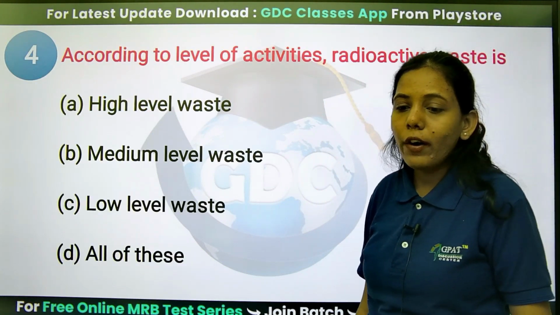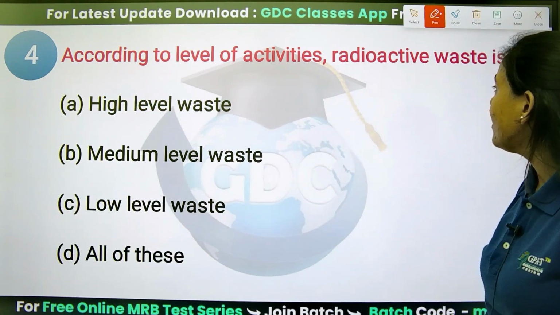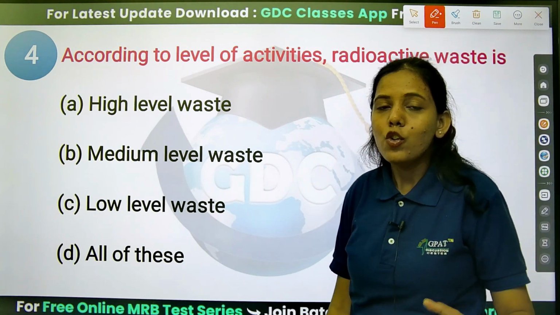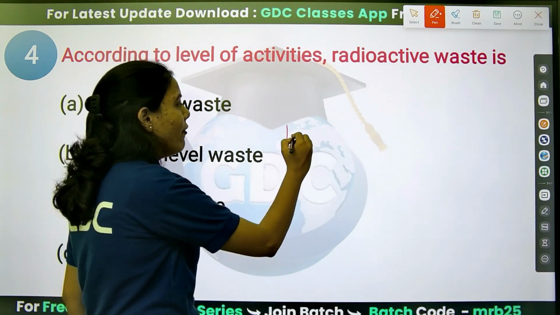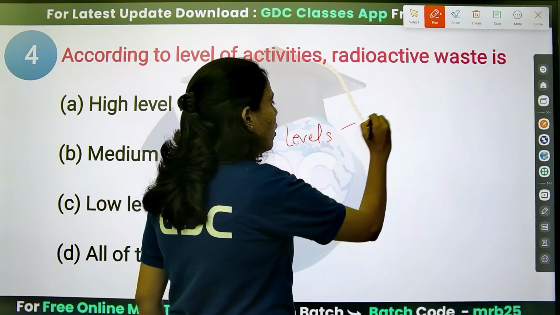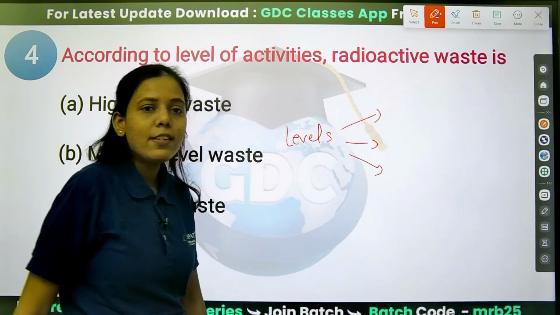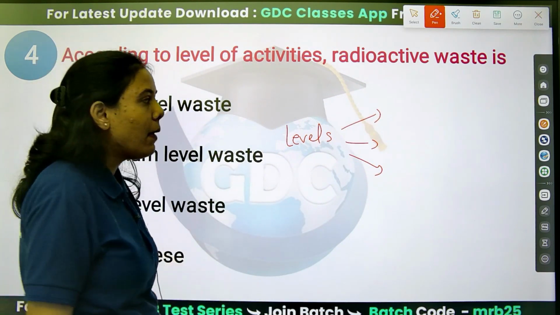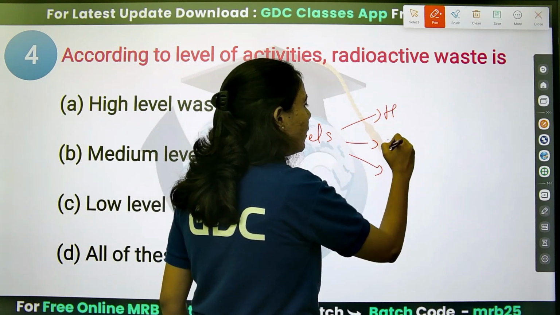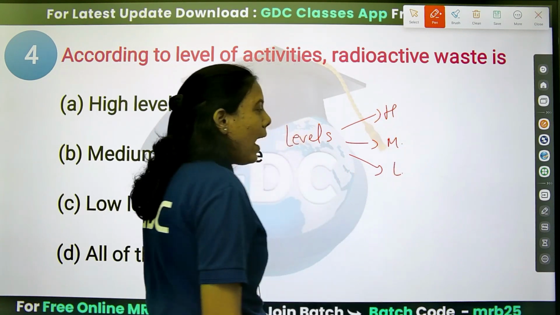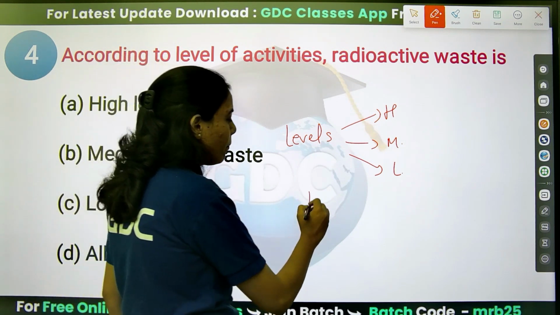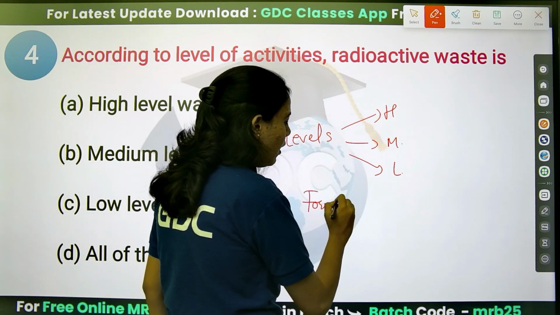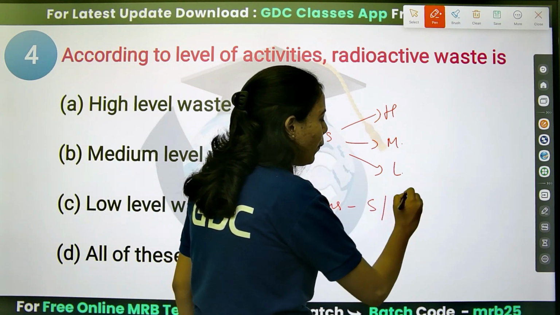Next is: according to the level of activity, radioactive waste is. So basically it is categorized into two types. First is according to levels. According to the levels, we have three forms: high, medium and low. There is one more category which is based upon the forms, which is nothing but solid, liquid and gases.